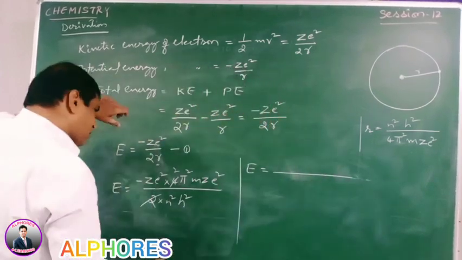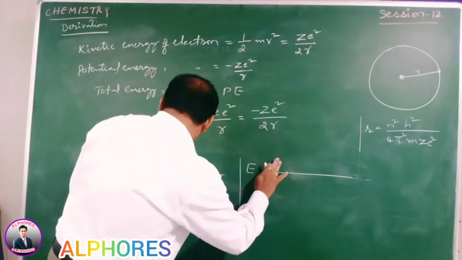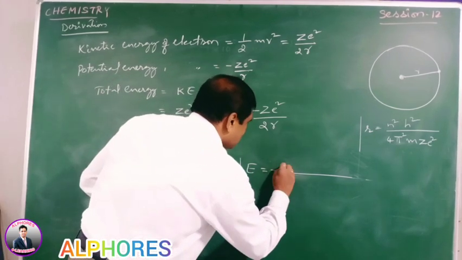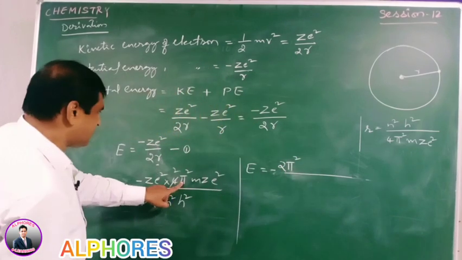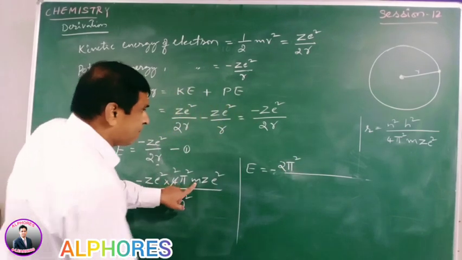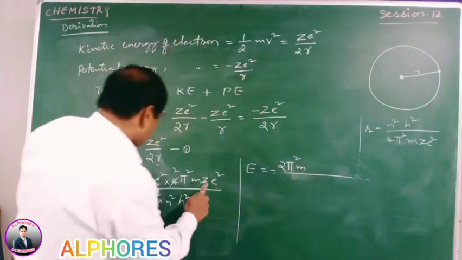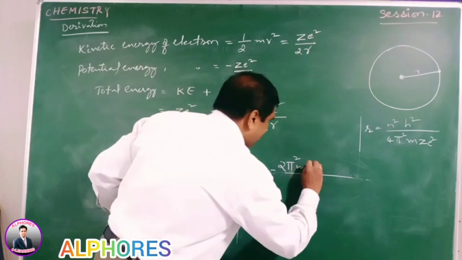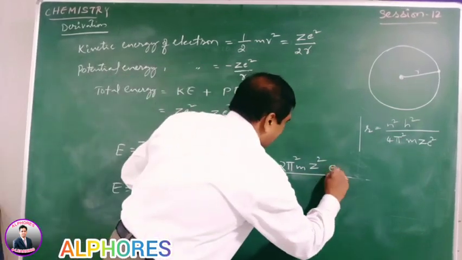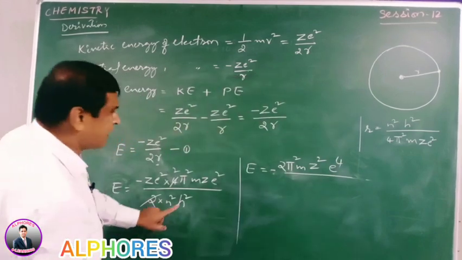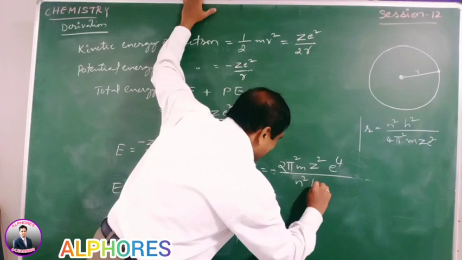total energy of the electron equals minus 2 pi square m z square e to the power 4 by n square h square.